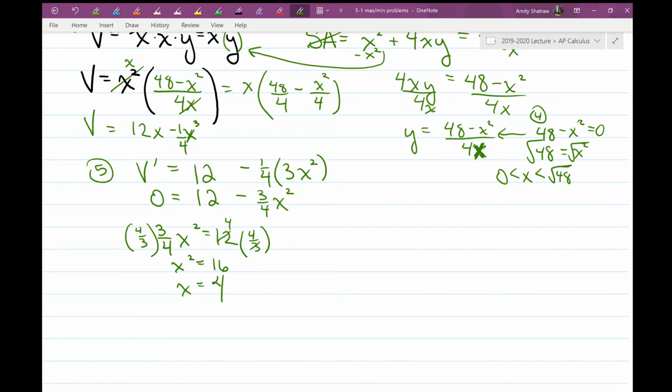So I'm saying, boom, I think I found my critical number, and I want to do the first derivative test on it to see if I can determine that it is indeed my critical number.